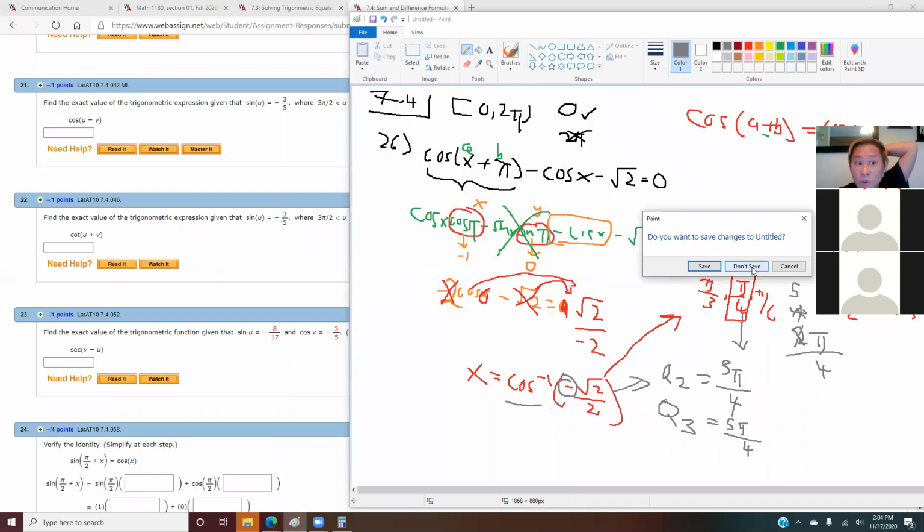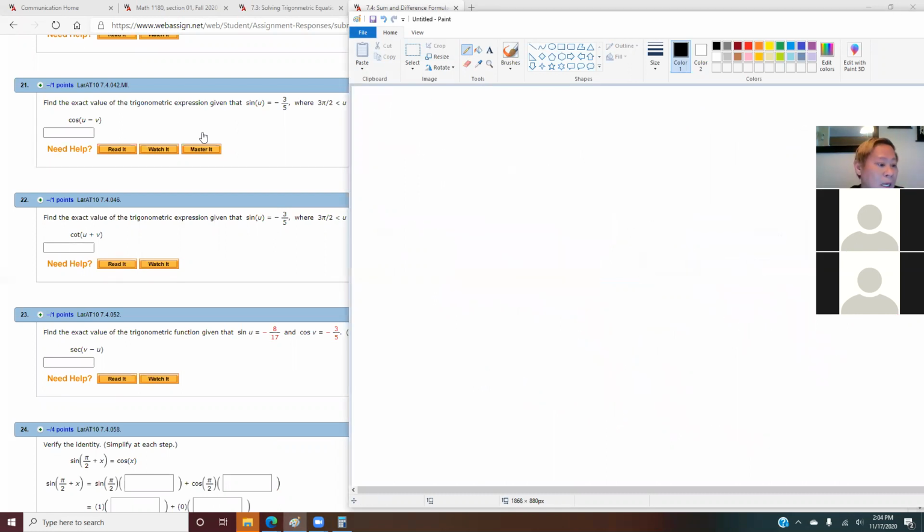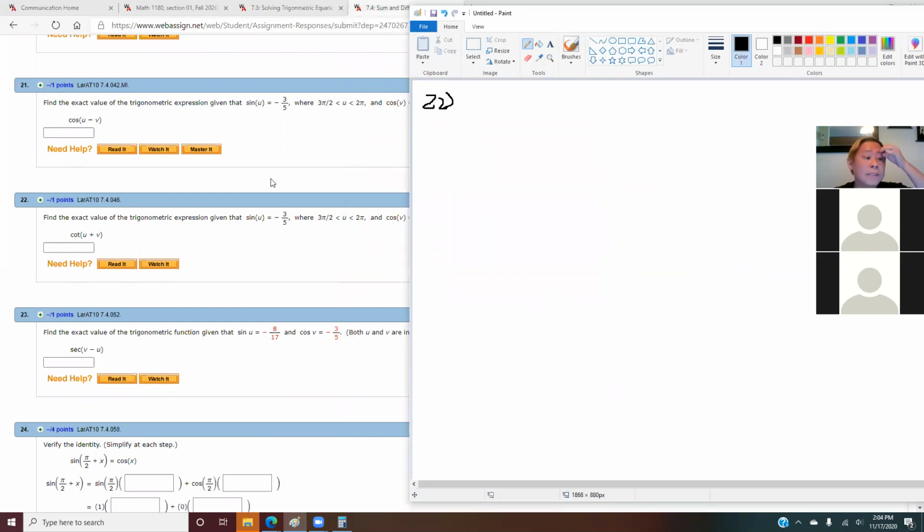I'm going to do one question. This is going to be on question, either one of these 21, 22, 23. I'm going to do 22, because it's going to be in the final. It says find the exact value for cosine of u plus v, where sine u is negative 3 over 5, and u is between 3 pi over 2 to 2 pi.